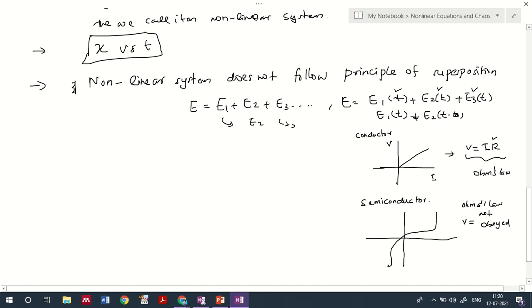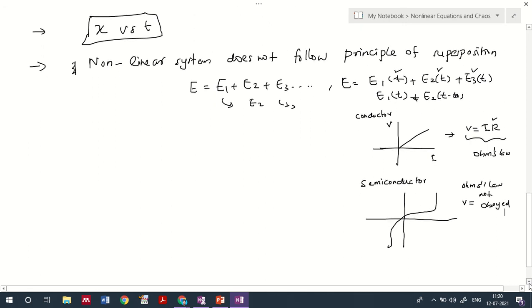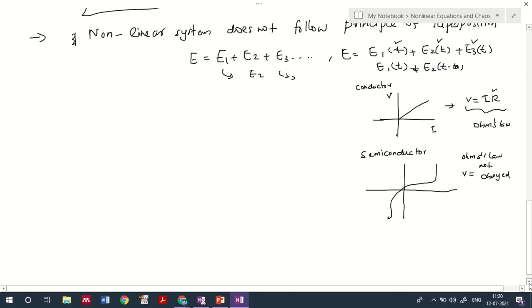When you go into detail, there is a branch called linear optics and nonlinear optics, and similarly there is a nonlinear electronics part as well. There are a few phenomena like semiconductors and insulators, and when you discuss those, they too are linear and nonlinear systems.